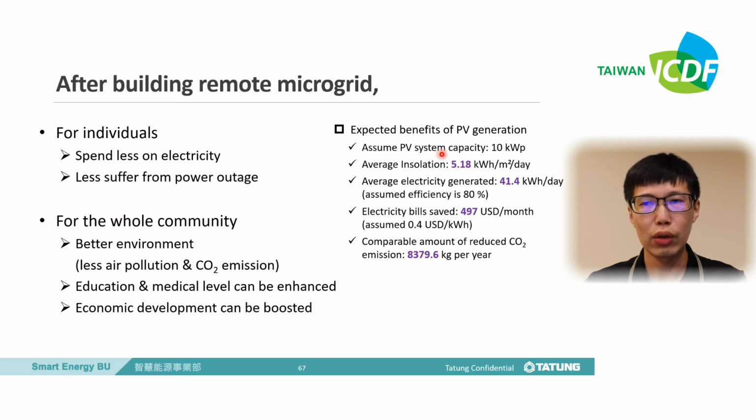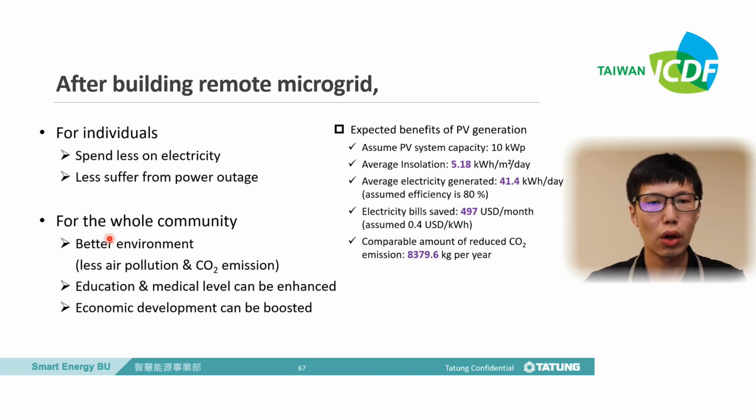For example, if we build a PV system with a capacity of 10 kilowatts, and assume the average irradiation is 5.18 kilowatt hours per square meter per day, then the electricity bill can be saved by $497 per month. Assume the generation cost is $0.4 per kilowatt hour.